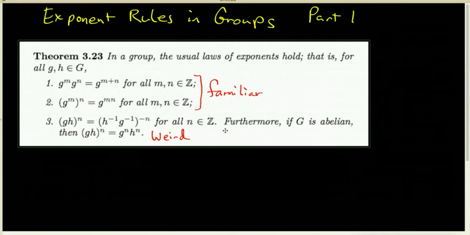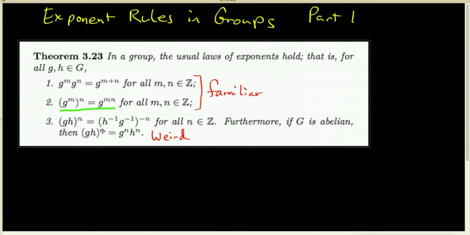It's important to realize that when we're trying to prove this theorem, if m and n are both positive integers, this expression here just represents a certain number of copies of g written over and over, and in fact it will wind up representing m plus n copies. And the same kind of thing applies here.